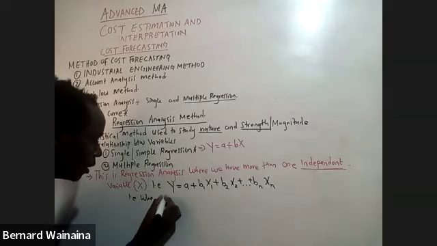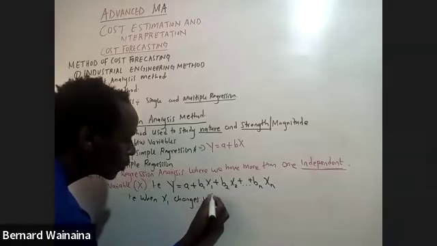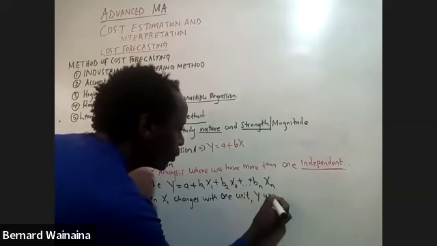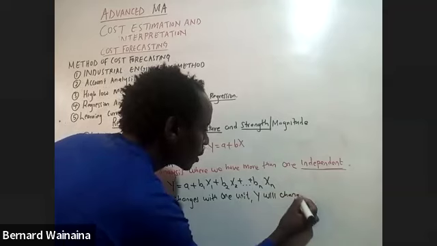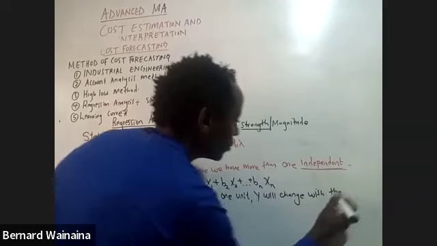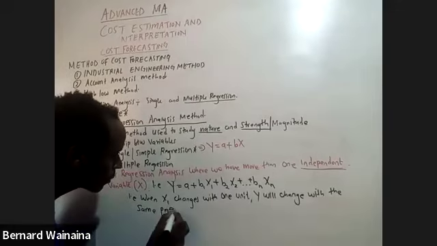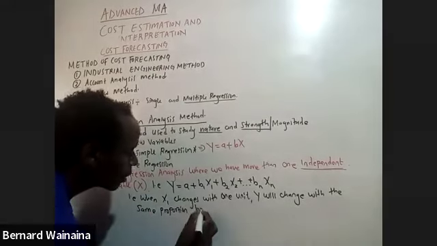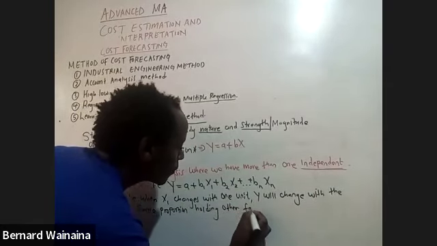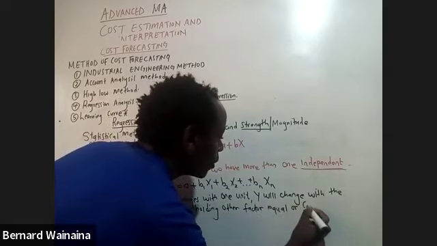When x1 changes with 1 unit, y will change with the same proportion, holding other factors equal or constant.